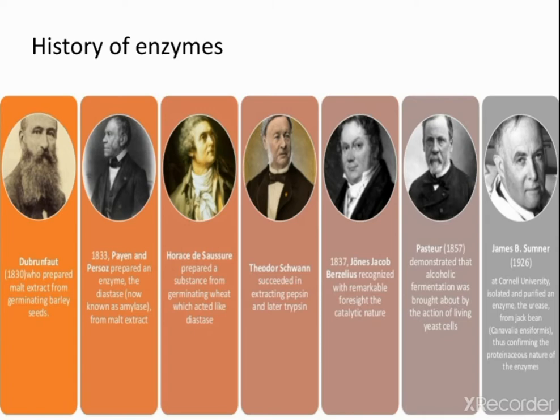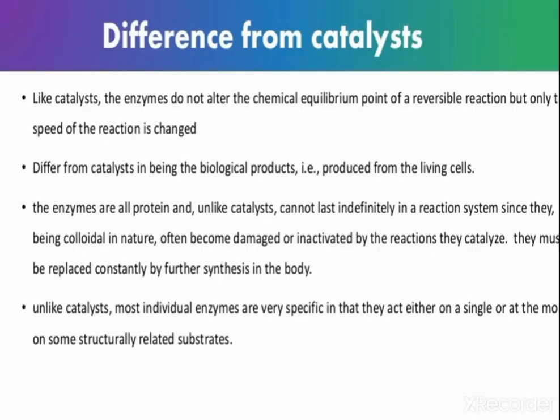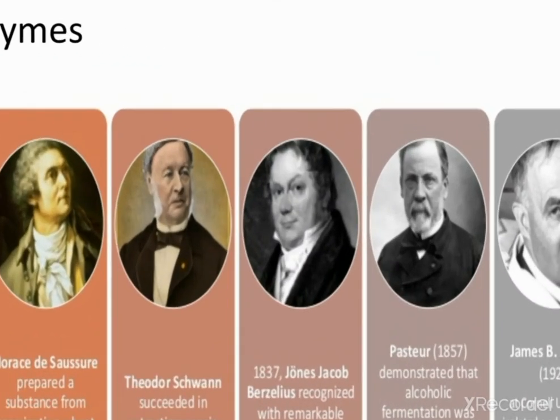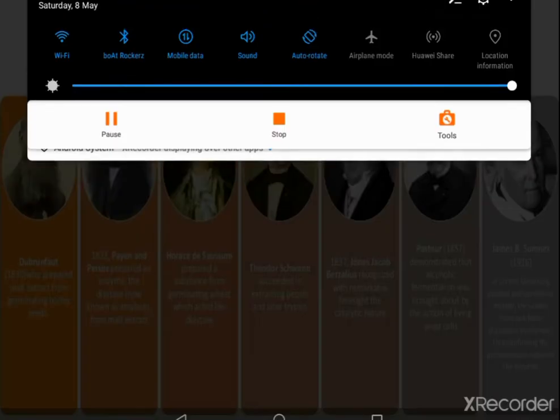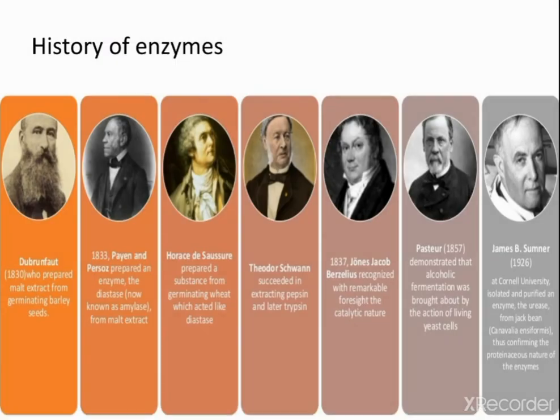We also have the contribution of Jones and Jacob, who recognized with remarkable foresight the catalytic nature of enzymes. Pasteur demonstrated alcoholic fermentation. And James Sumner at Cornell University isolated and purified the enzyme urease from jack beans.